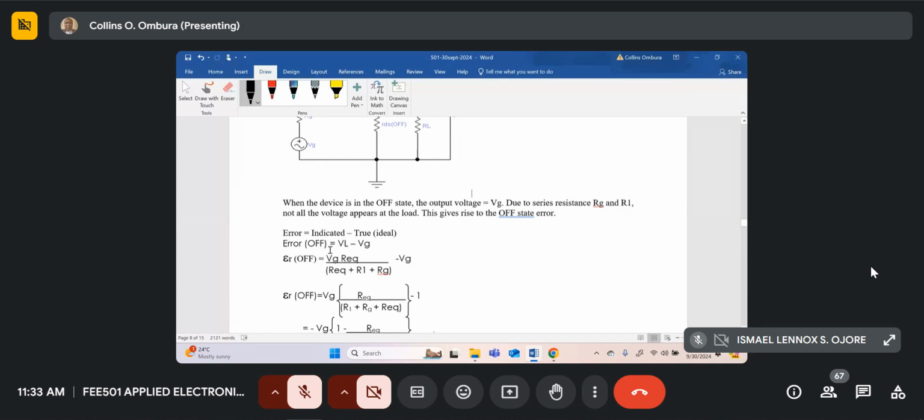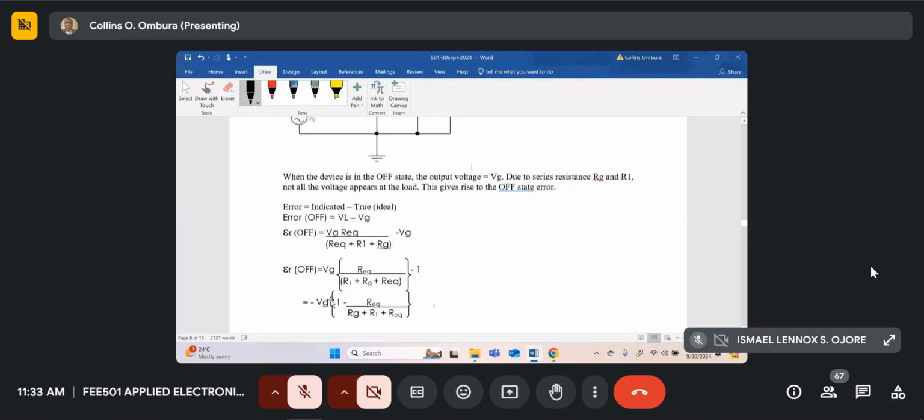Now to simplify this first equation, let's make VG common. This bracket is not in the right place. There's an error in this bracket, but the second one is correct.